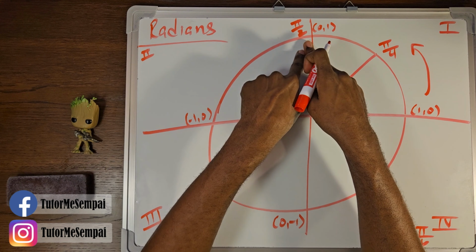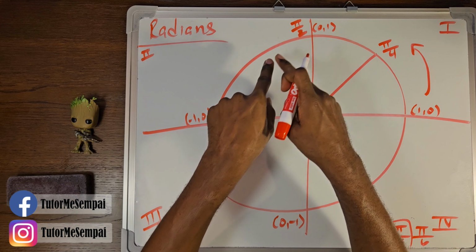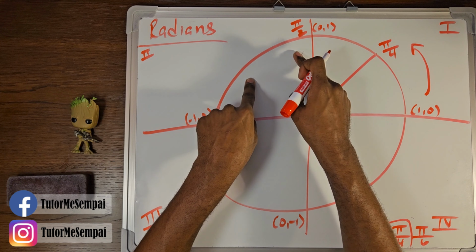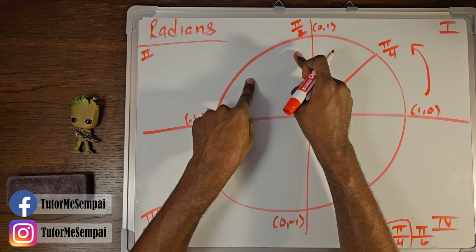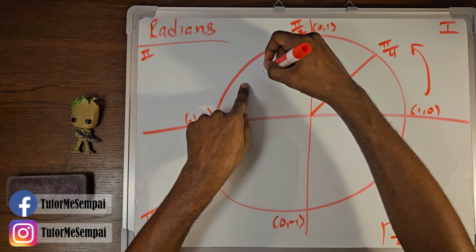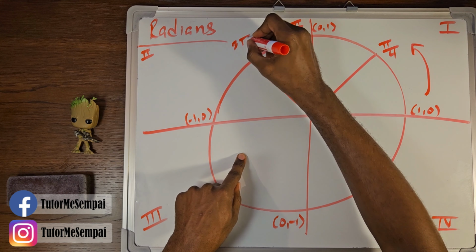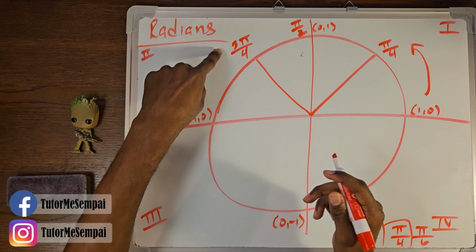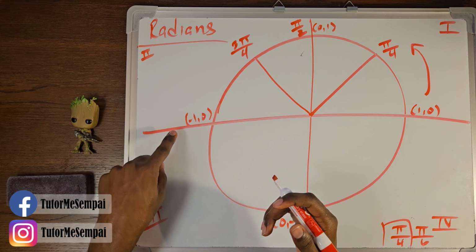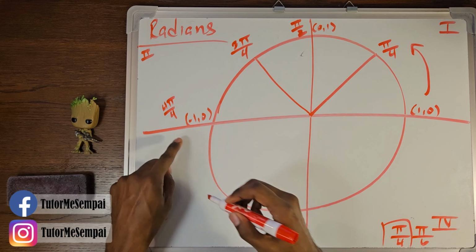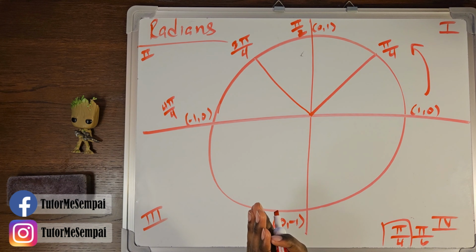So you're going to start here, and then you're going to do another half. It's technically 2 pi over 4. So another pi over 4 will be 3 pi over 4, right? So this is going to be 3 pi over 4. And another pi over 4 is going to bring you here, which is going to be, let's say, 4 pi over 4, which is simply what when you reduce it?